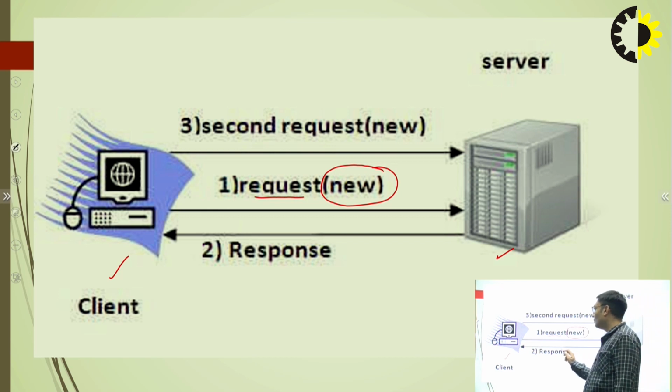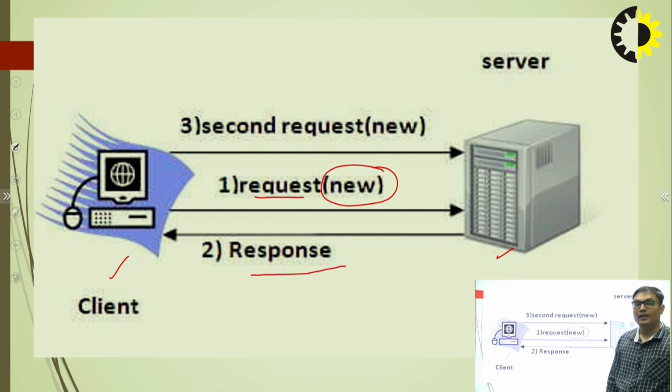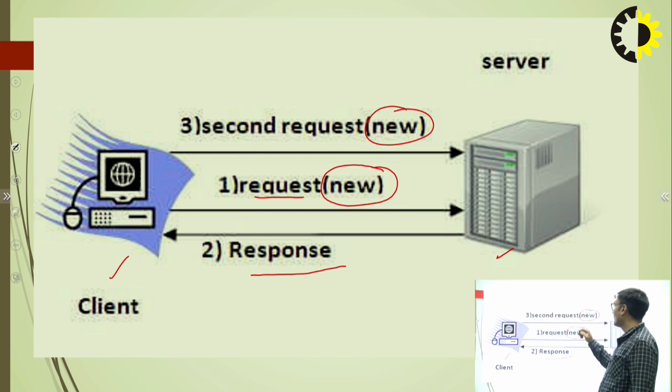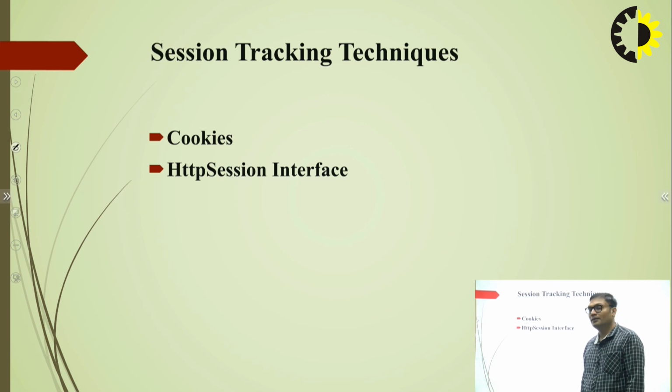Server then responds based on the request and this response goes to the client from the server. And if the client again requests, it is treated as a new request, right? So this one is also a new request, this one is also a new request. Now, how will we track the session?